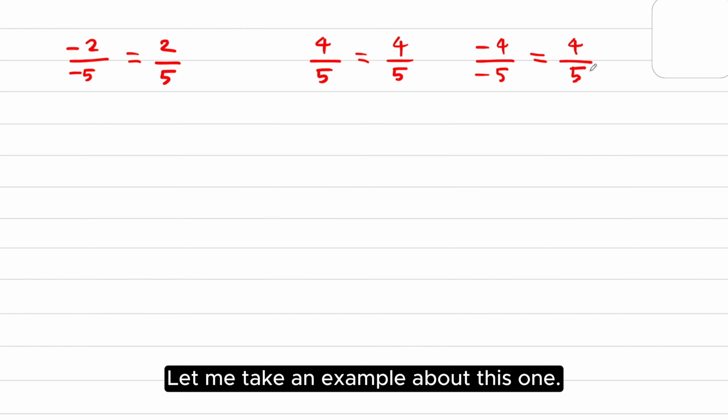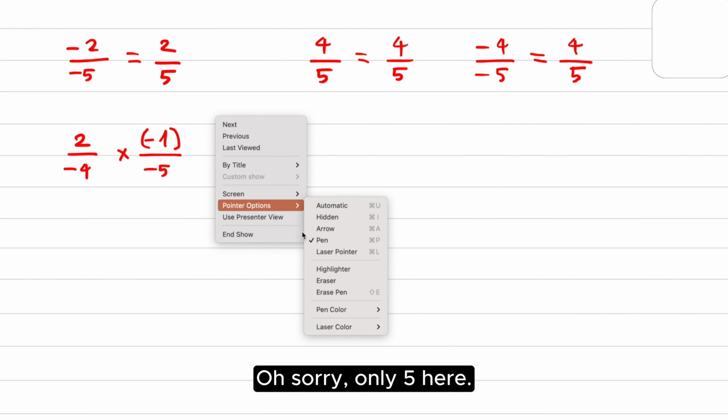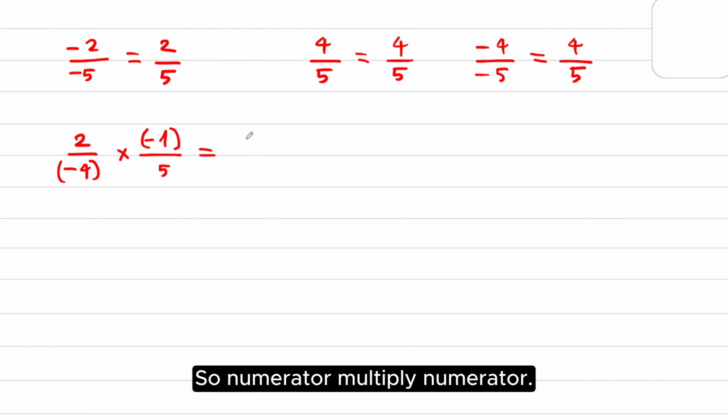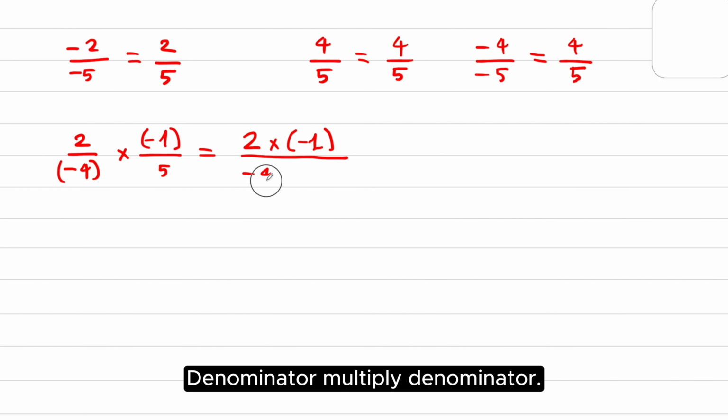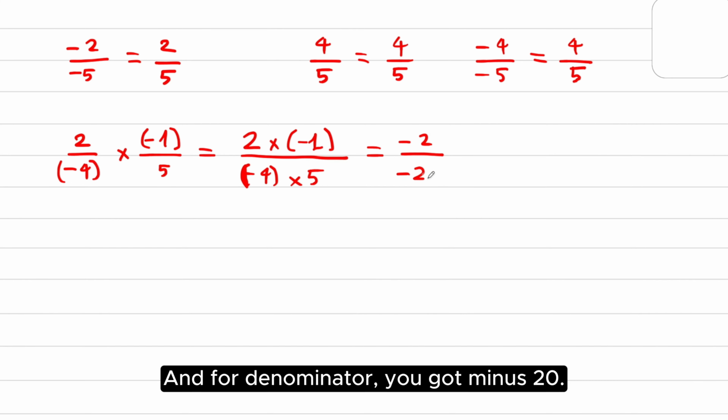Okay, let me take an example of this. You have 2 over minus 4 multiplied by minus 1 over minus 5. Oh, sorry, only 5 here. Only 5 here. Okay, multiplication of fractions. Numerator multiplied by numerator, denominator multiplied by denominator, and in this one you get negative 2, and for the denominator you get minus 20.